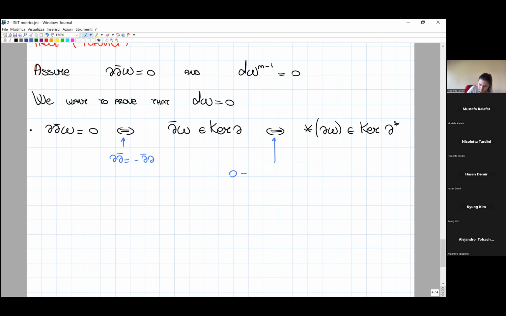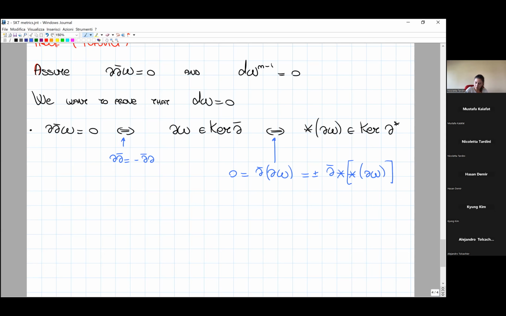We have 0 equals del bar del of omega. Sorry, here I wrote this, but I wanted to say that del omega is in the kernel of del bar, so del omega is del bar closed. Since star squared, up to a sign, is the identity, I can insert two Hodge star operators: del bar star star del omega.